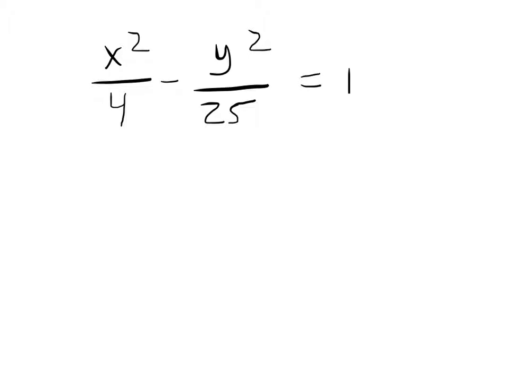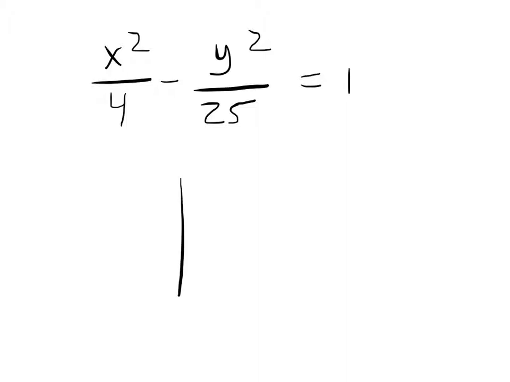Now, tied in with that derivation, we also want to talk about the relationship among, for example, say this is a 4, that's a 25. What's the relationship between the 4 and the 25 and the coordinates of our foci?